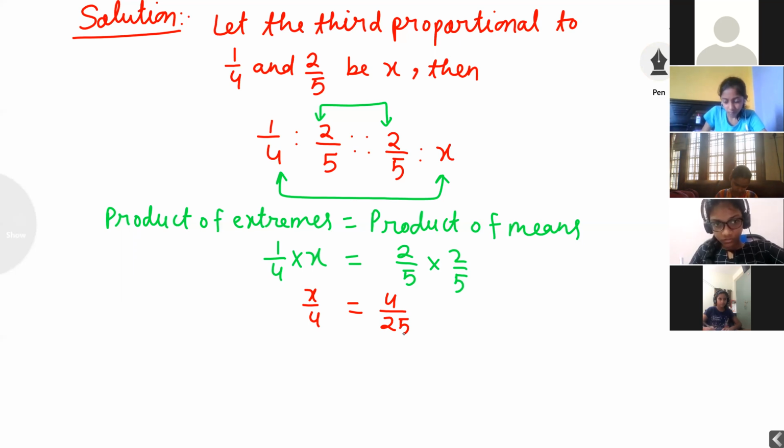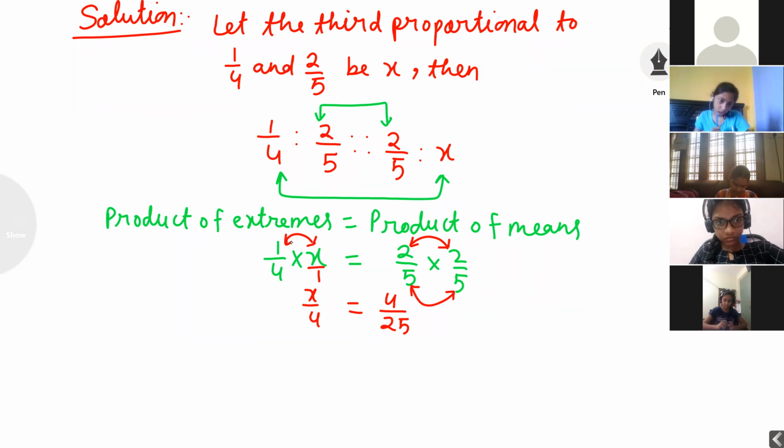Again, what I have done here: if there are two fractions or two rational numbers, when we are doing multiplication, simply I can multiply numerator by numerator and denominator by denominator. Now x by 4 is equal to 4 by 25.